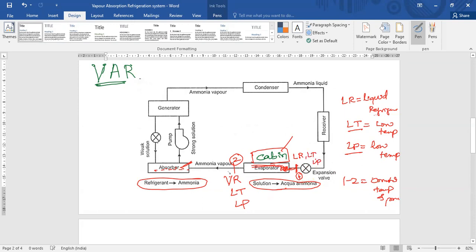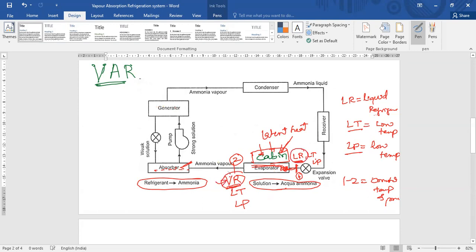So when the temperature is constant, at low temperature and low pressure, what type of heat has been absorbed by the refrigerant? The refrigerant has absorbed latent heat. Keep in mind, please remember this word, latent heat. In interviews, they may ask you: in the evaporator of vapor absorption refrigeration, the liquid refrigerant is converted to vapor refrigerant. There is a change of phase from liquid to vapor.